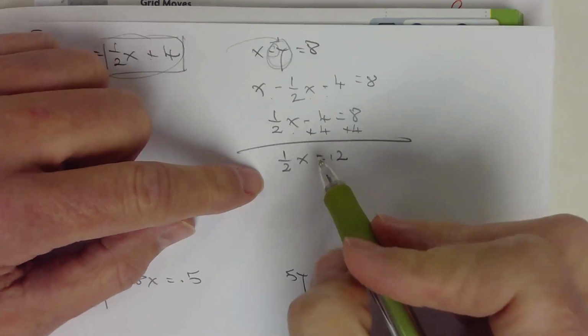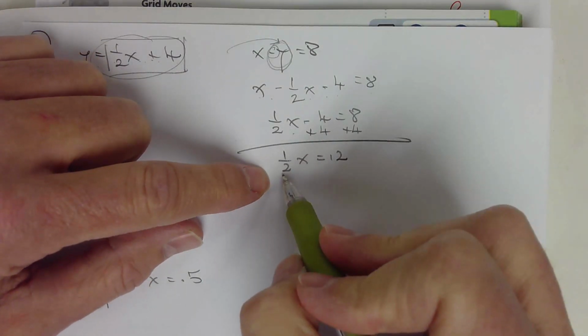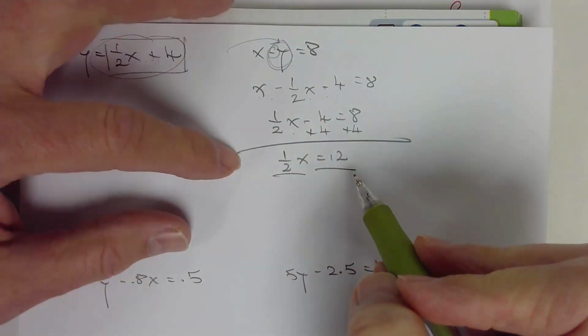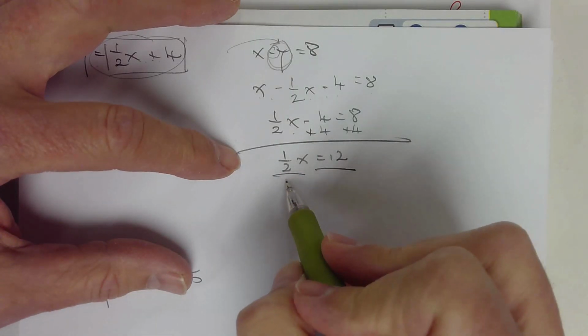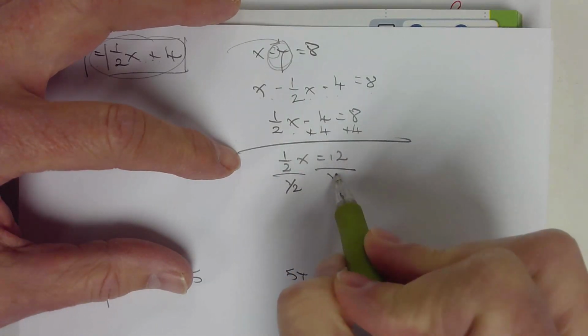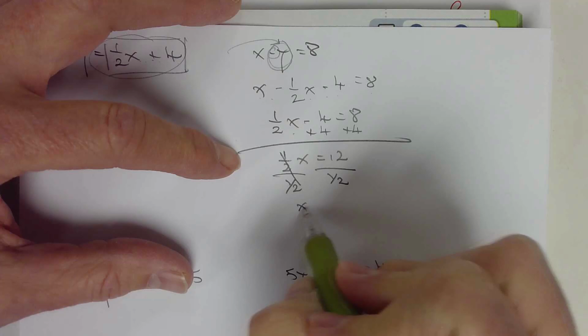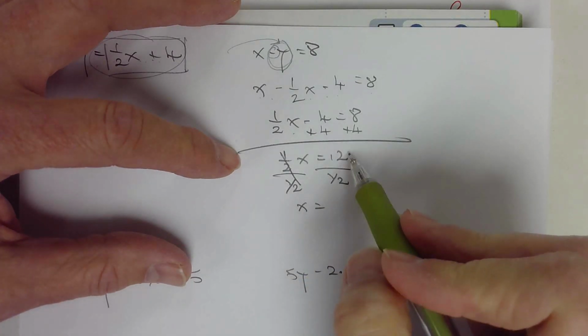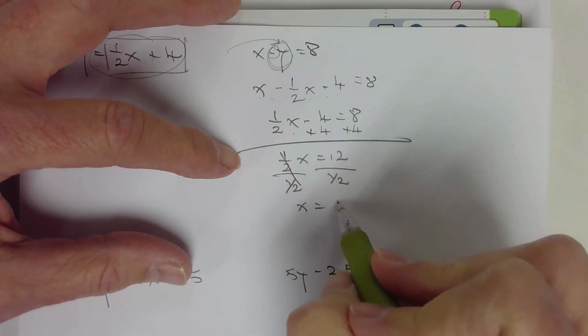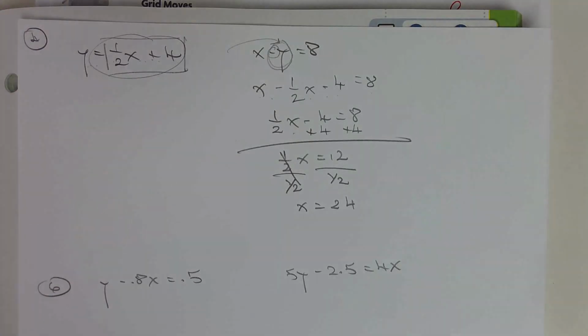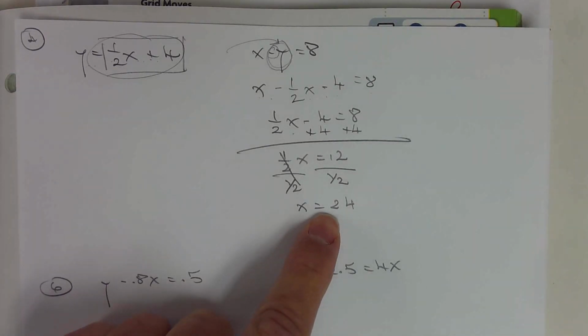So how do we find out what x is? We've got to get rid of that 1/2, so we're going to divide each side by 1/2. They cancel out, so we're left with x equals 12 divided by 1/2, which is 24. So there we go. We know what x is: x equals 24. Now all we have to do is plug in what x is in one of the equations.